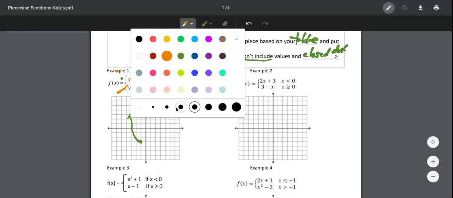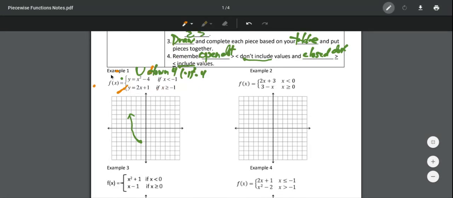Then this has a slope of 2 and a y-intercept of 1. So a y-intercept of 1 and a slope of 2, starting at -1, goes this way.